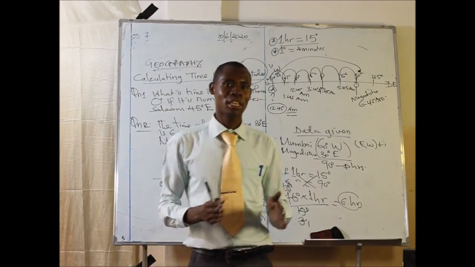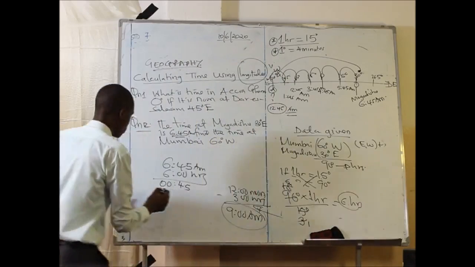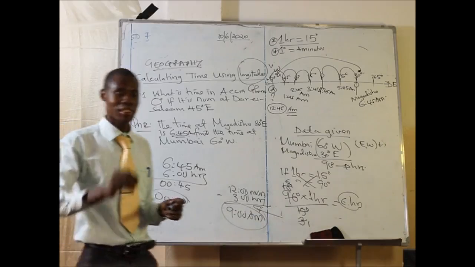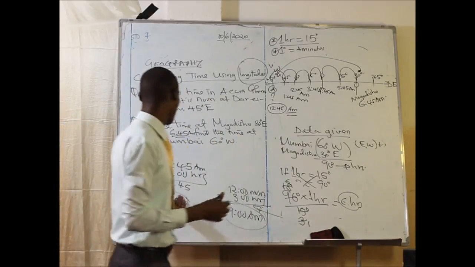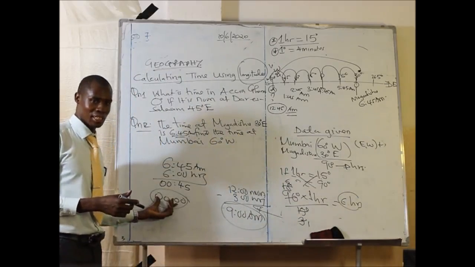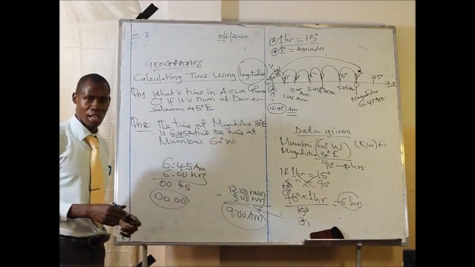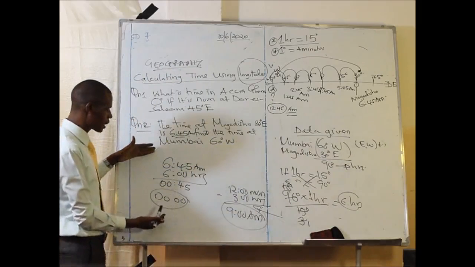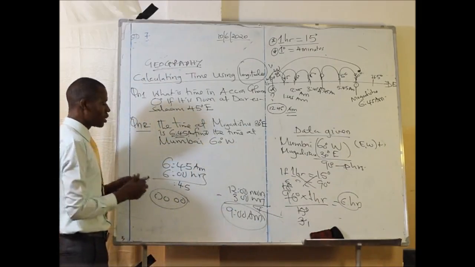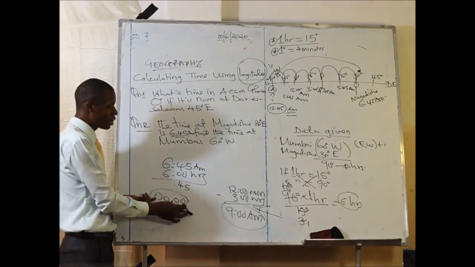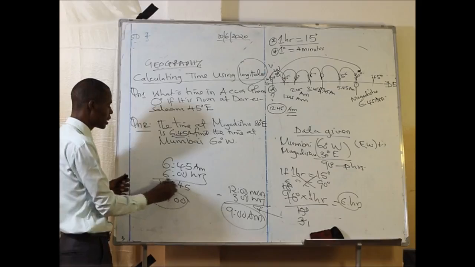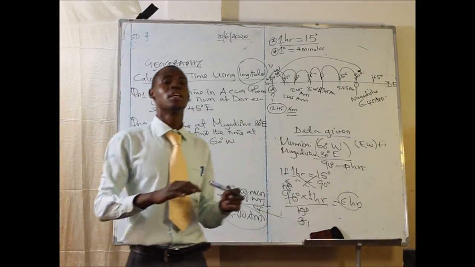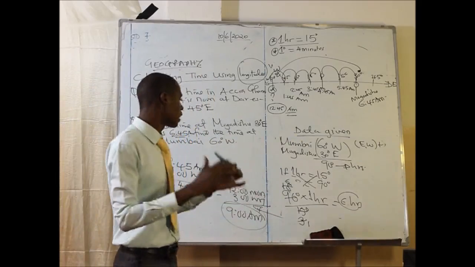Midnight sometimes we write like this. I hope you have noticed this. At exactly midnight, sometimes the time appears as 00 hours. That means that we are at midnight. So even if it becomes 00, in real sense we can still write it like this: 12:45 a.m. to indicate the time.